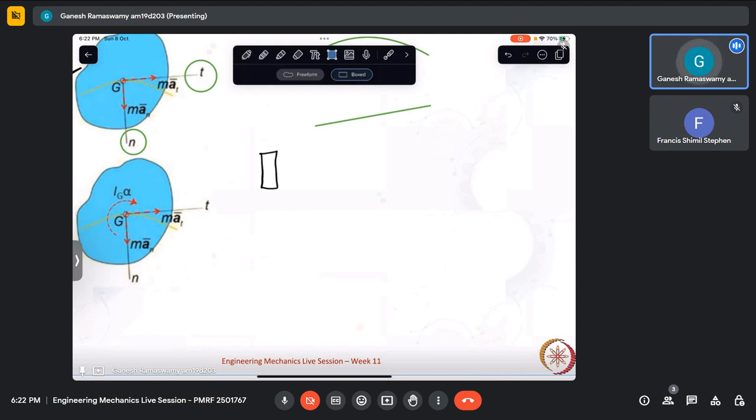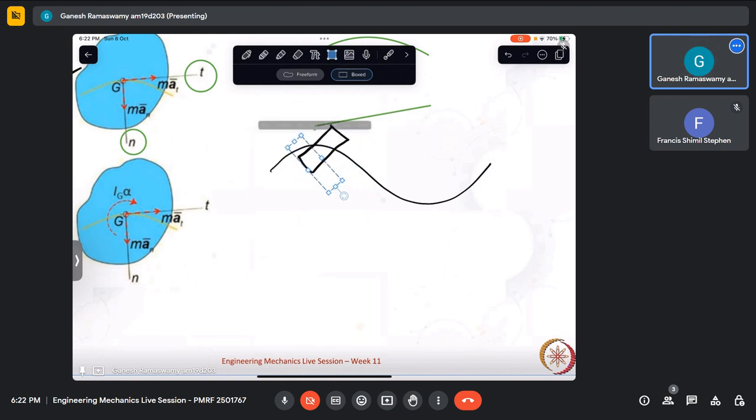Let me take this to be the duster. One is its path is like that, and then this duster moves like that. So that is curvilinear translation. In the second case, it moves and rotates. It is doing both simultaneously.